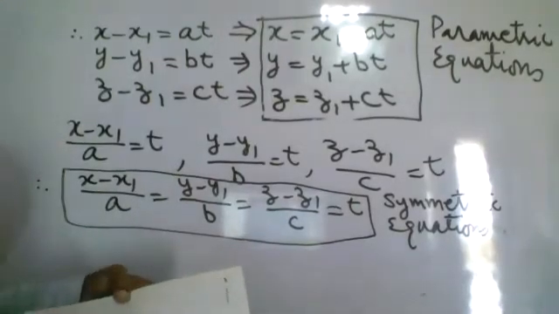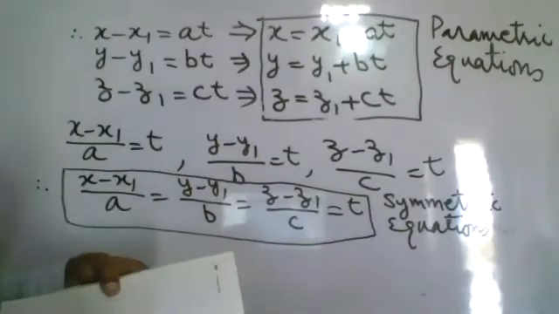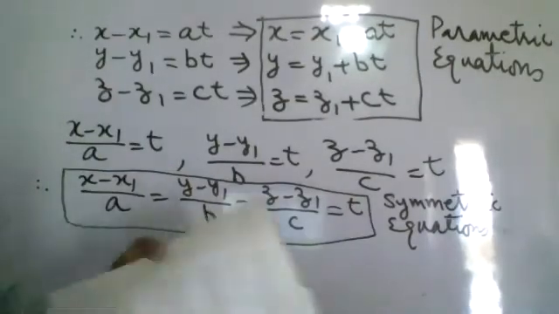Question number 1: find parametric equations for the line in exercises 1 to 12. The line through the point (3, -4, -1) and parallel to the vector i plus j plus k.